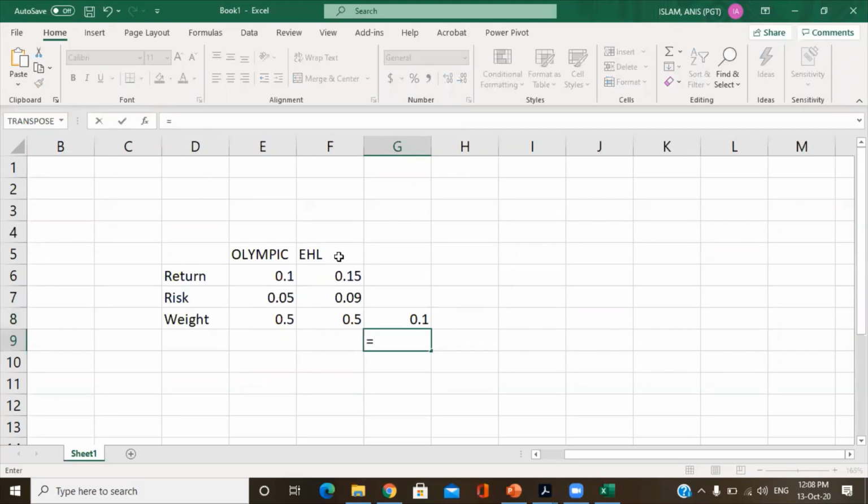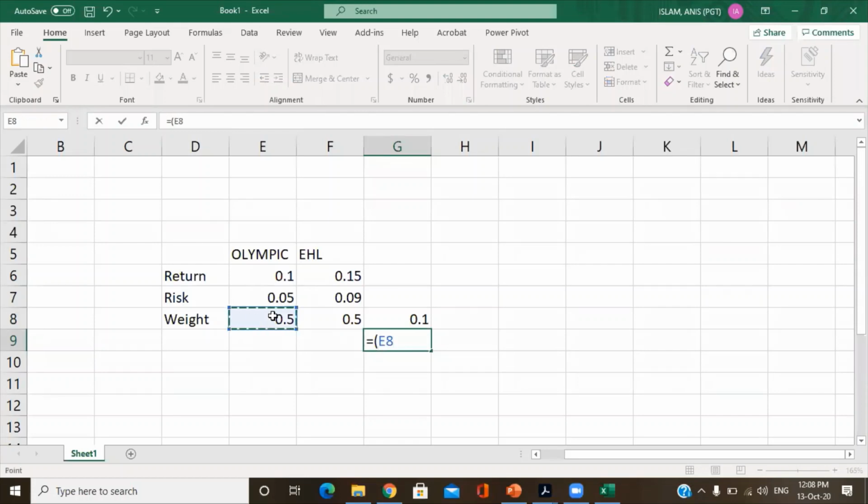So how to calculate the variance of the portfolio? I'm showing you the calculation, not explaining it. Just try to follow me; it will be made clear in your mean variance calculation class.